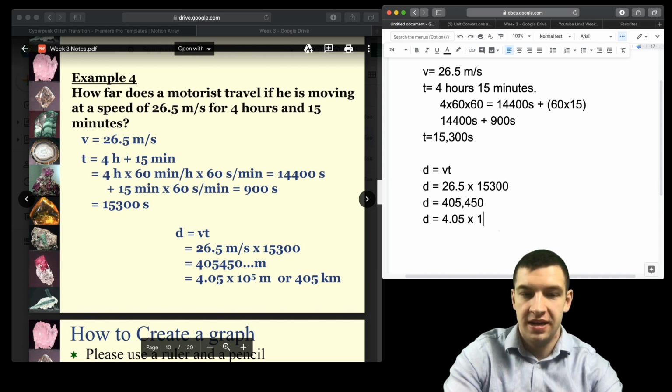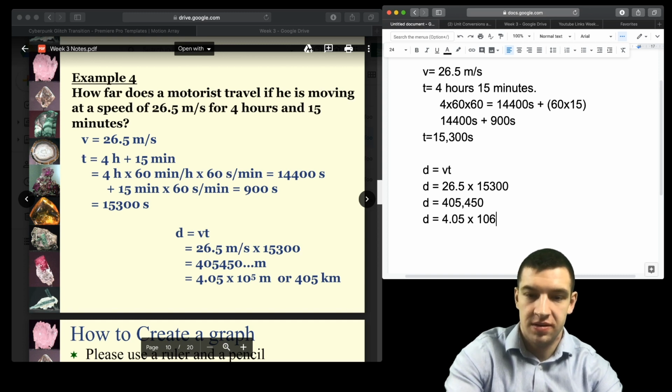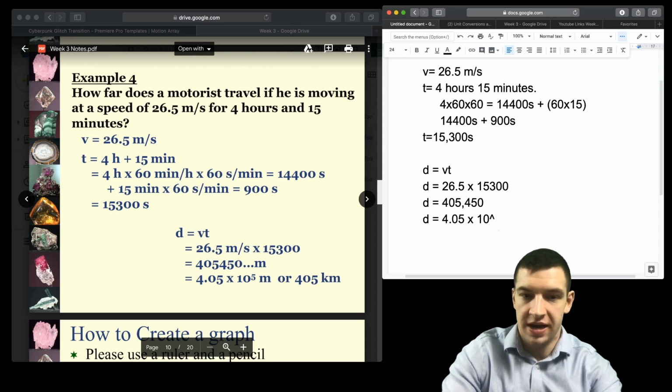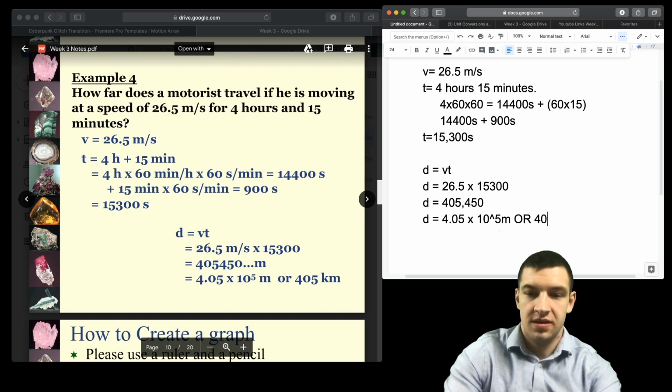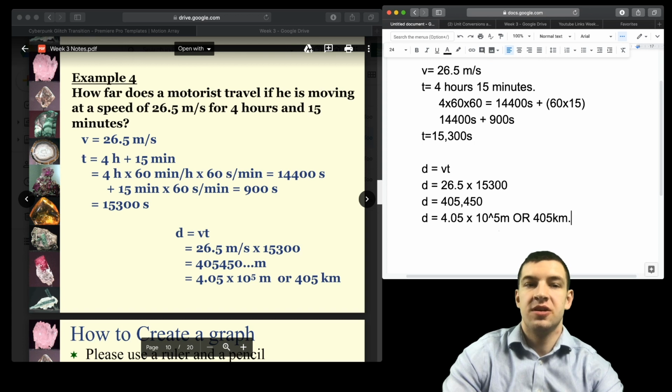So 10 to the power of 5 meters. Or you could write 405 kilometers, right?